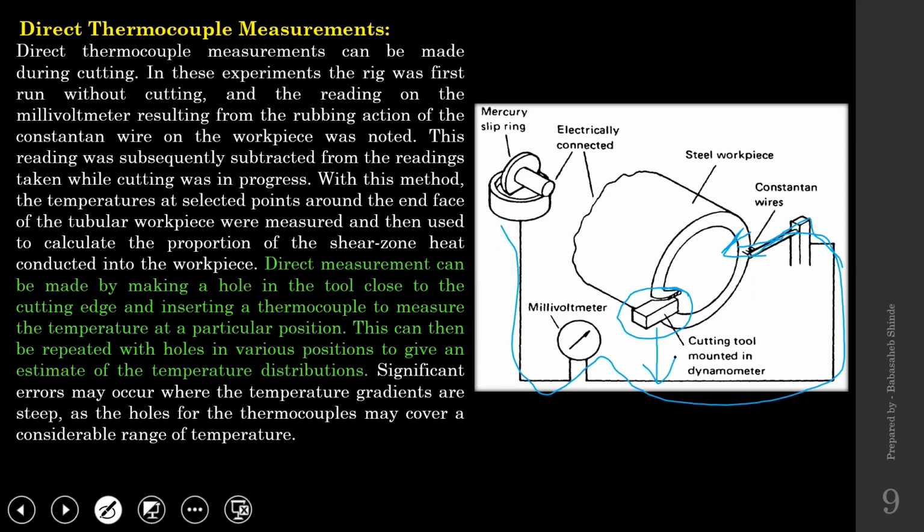And here, as a separate wire has been used for the temperature measurement, strain in the cutting tool or strain in the workpiece is not going to affect the accuracy of the temperature measurement. That is the first advantage. Second advantage, whether you change the cutting tool or the workpiece material, this wire is going to be the same.